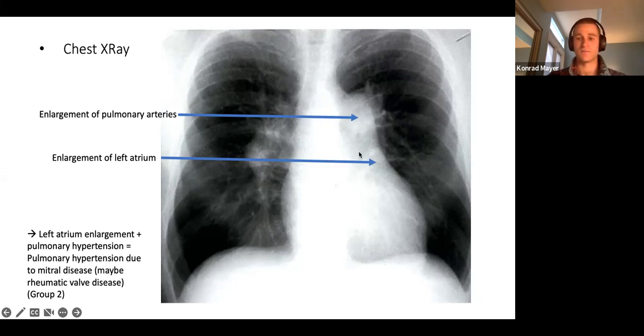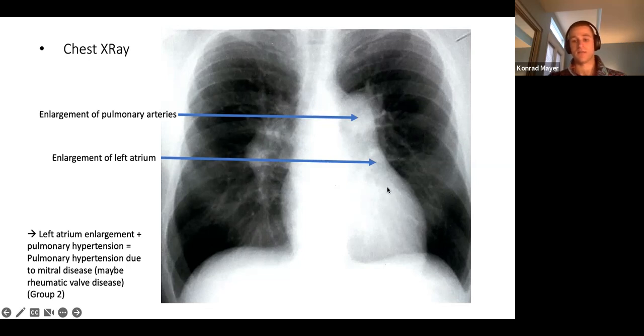Furthermore, the left atrium should be down here and a bit better distinguishable with a little more indentations on its borders. And this being the way it is shows left atrium enlargement. So by looking at these two features, we have left atrium enlargement and pulmonary hypertension because we have big pulmonary arteries. This means that we probably have pulmonary hypertension due to a mitral valve disease.